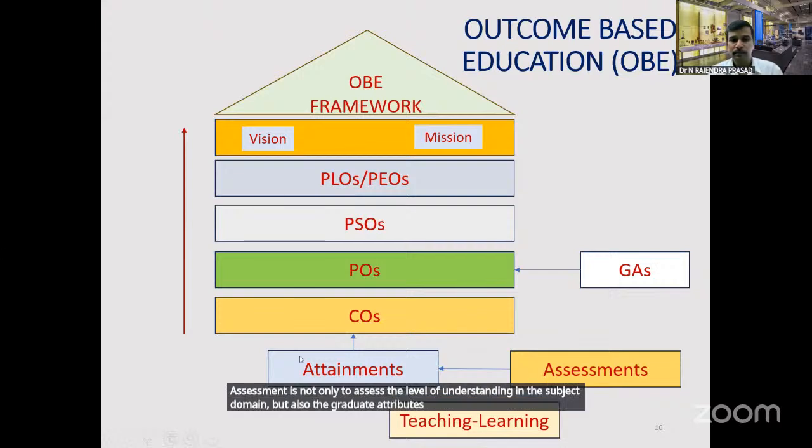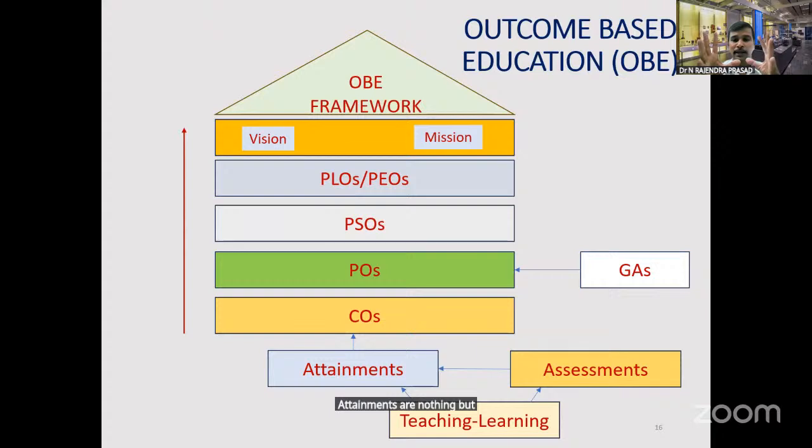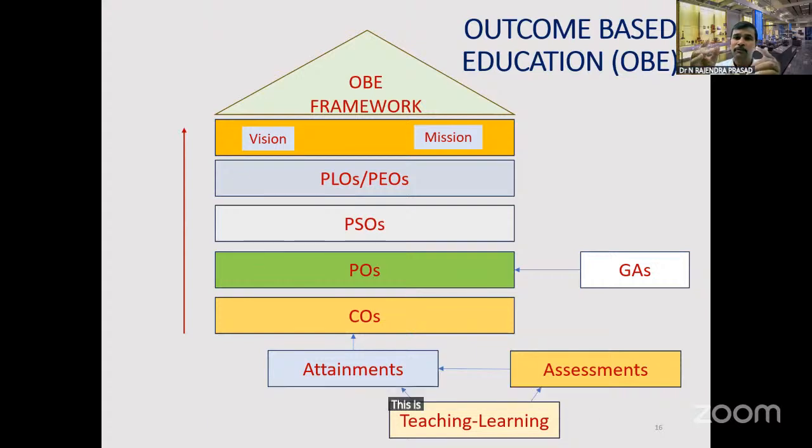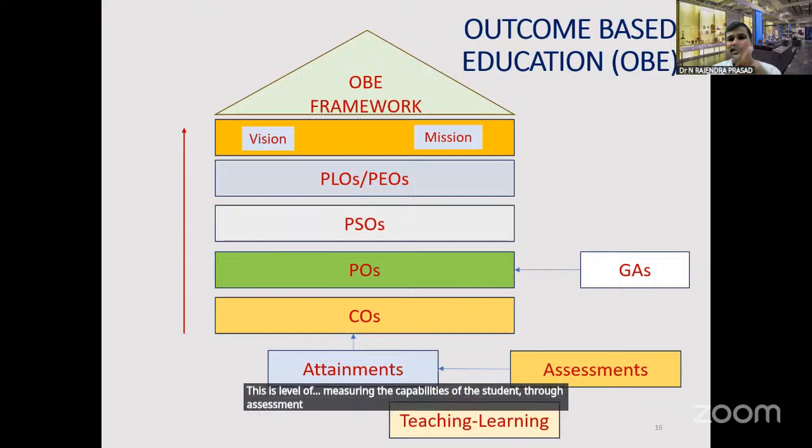Then you have to prepare attainments. Attainments are nothing but whether your learner has got 70% attainment or 80% attainment or 90% attainment, etc. This is the level of measuring the capabilities of the student through assessment. They are known as attainments.